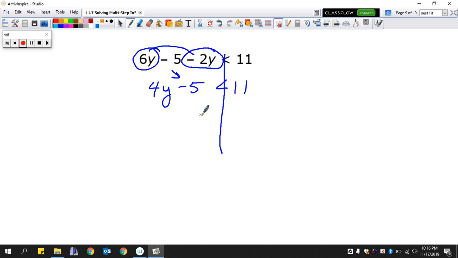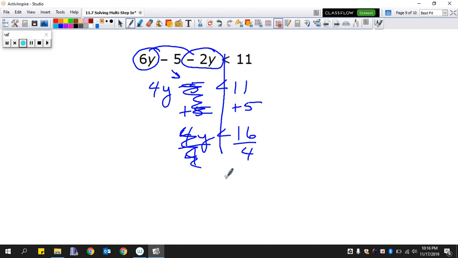All right, so now we just solve it. The opposite of subtraction is addition, so we'll go +5, plus 5. The 5's cancel out. We're left with 4y is less than 16, divided by 4. And we end up with y is less than 4.